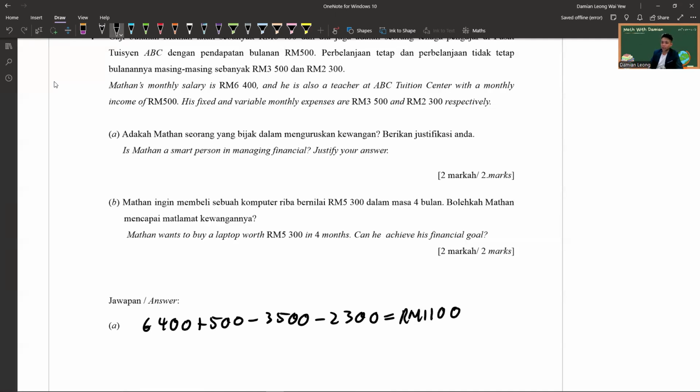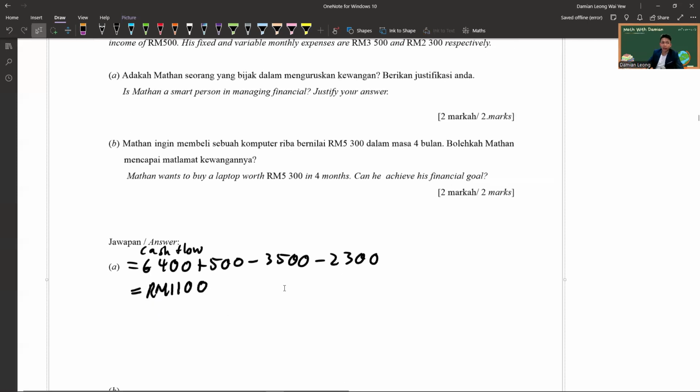Yeah, that's his cash flow. Okay, it's a positive cash flow. So positive cash flow means it's a good thing.